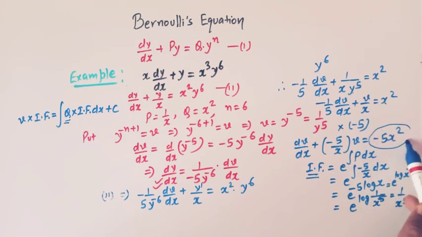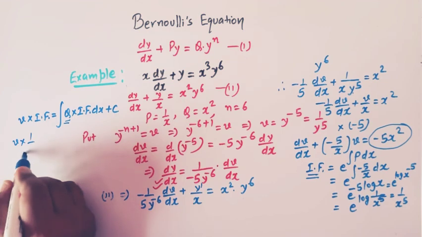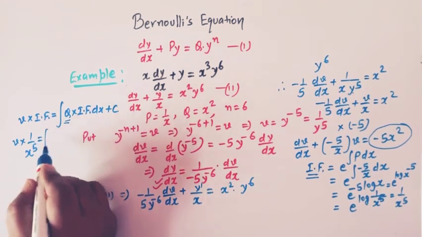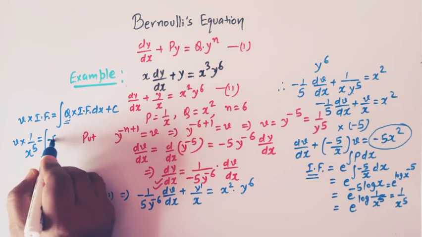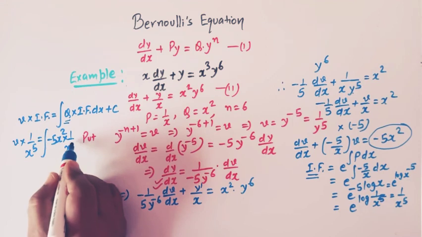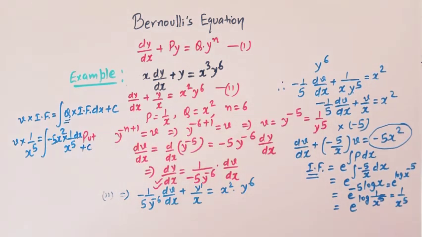For q we have this value, so this is v times 1 over x raised to 5 is equal to integral, for q we have minus 5 x square times 1 over x raised to 5 dx plus c, right?